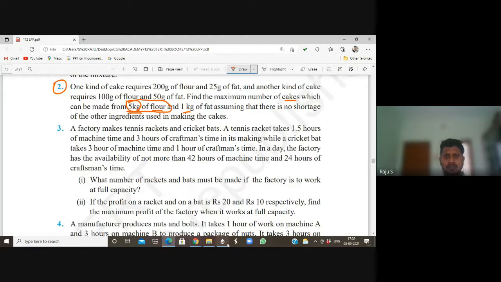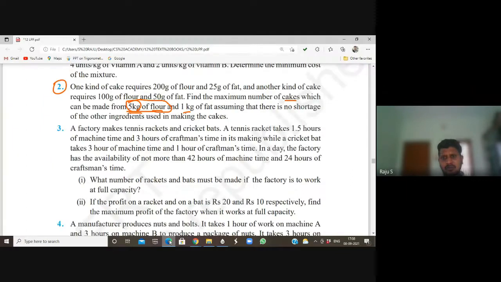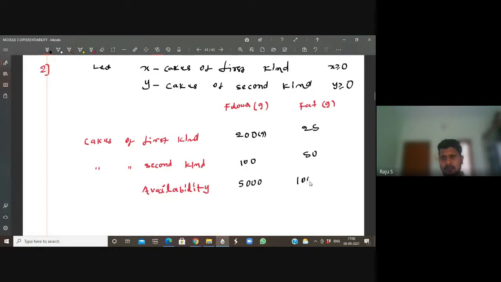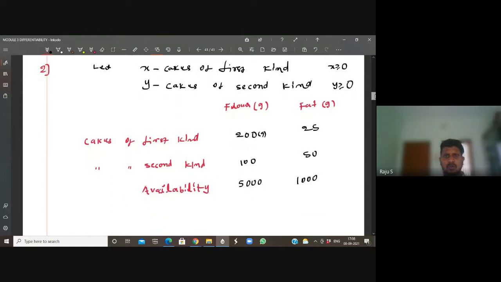If we convert into grams, it will be 5,000. 5 kgs means 5,000 grams. And coming to fat, it is 1 kg. 1 kg means 1,000 grams.